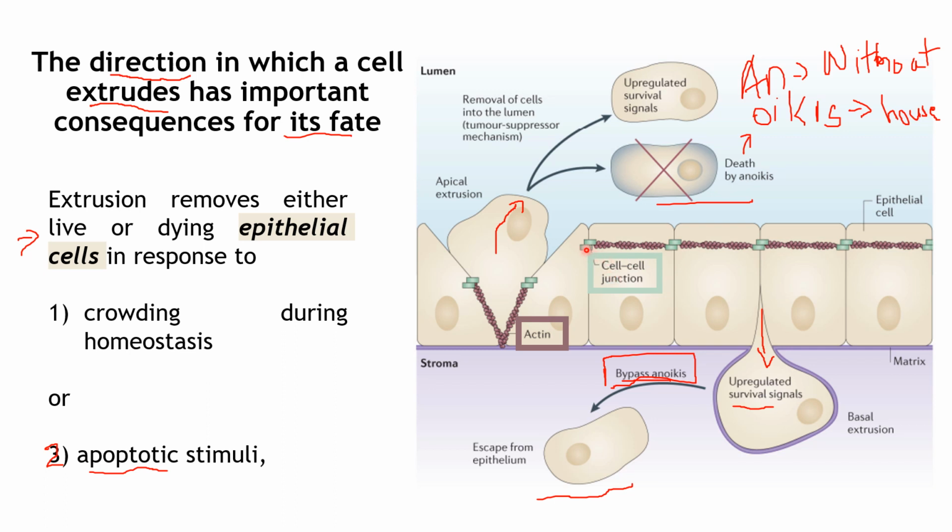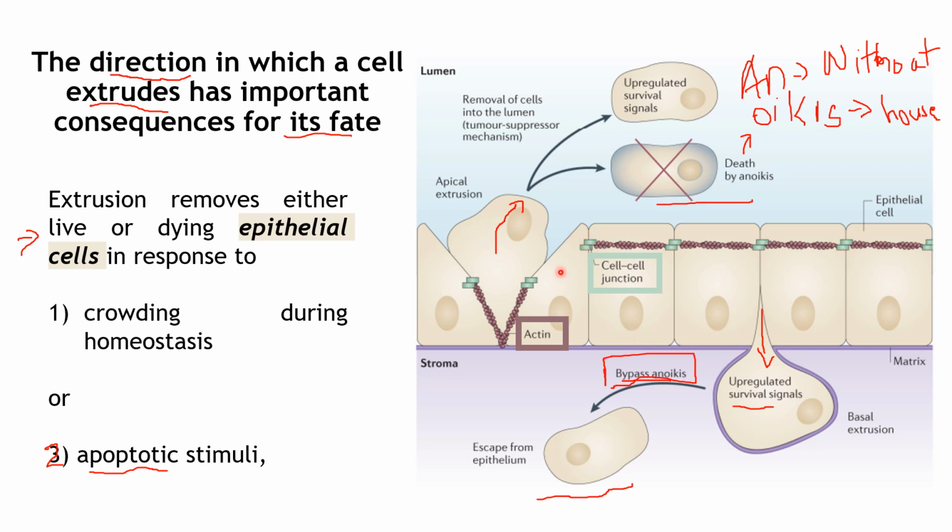So again, if you remember, these cell junctions are linked to the cytoskeleton, in this case to actin, and they are also attached to the nucleus. So there will be a communication from the cell adhesion to the nucleus to change the gene expression.